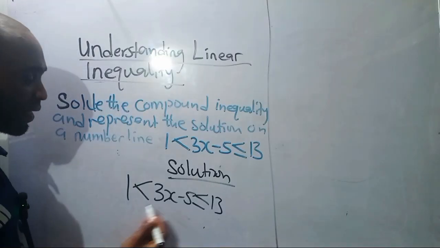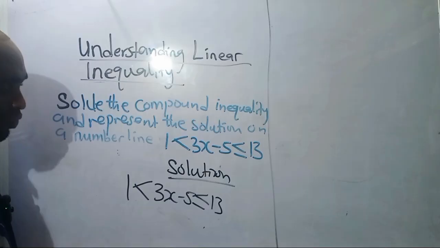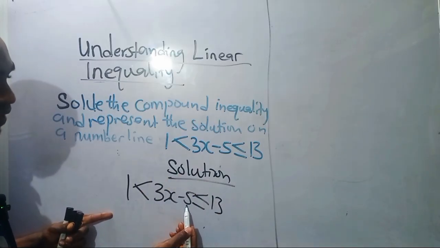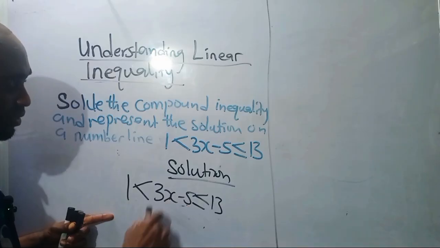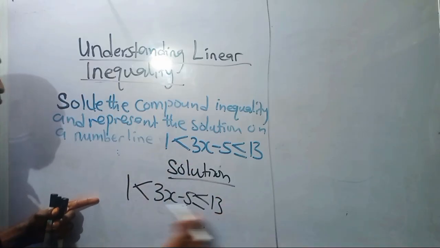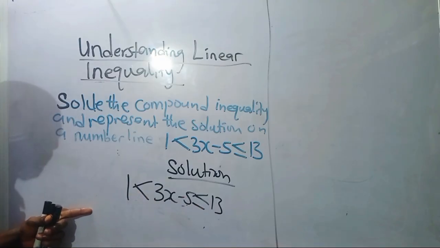We are trying to make x stand alone. So how are we going to do that? We are going to eliminate this 5 here. How are we going to eliminate this 5? We add 5 to both sides, to each term of this inequality.